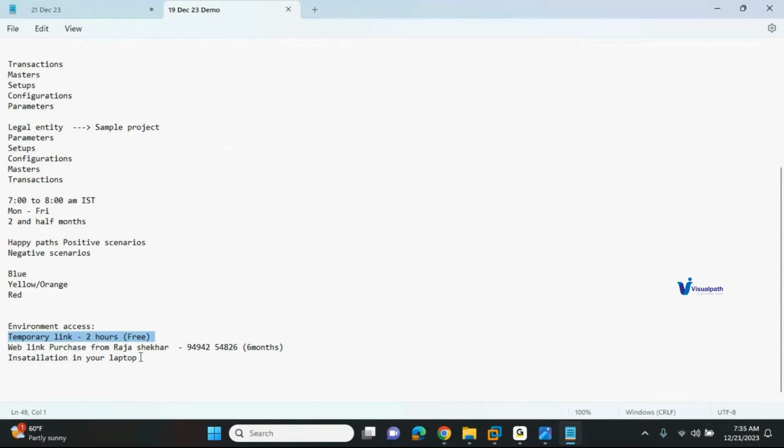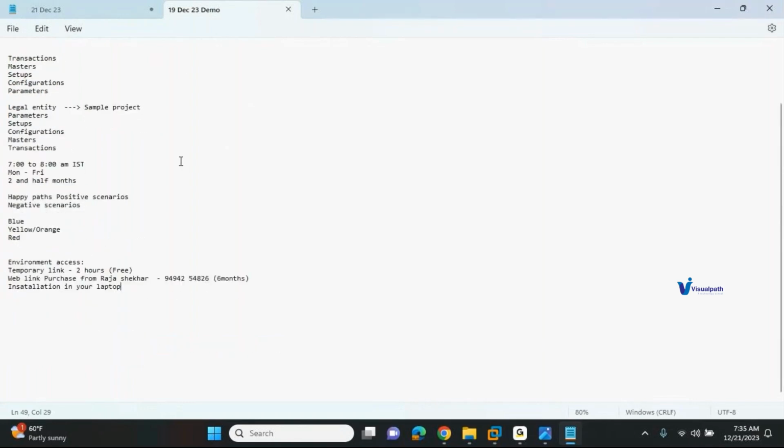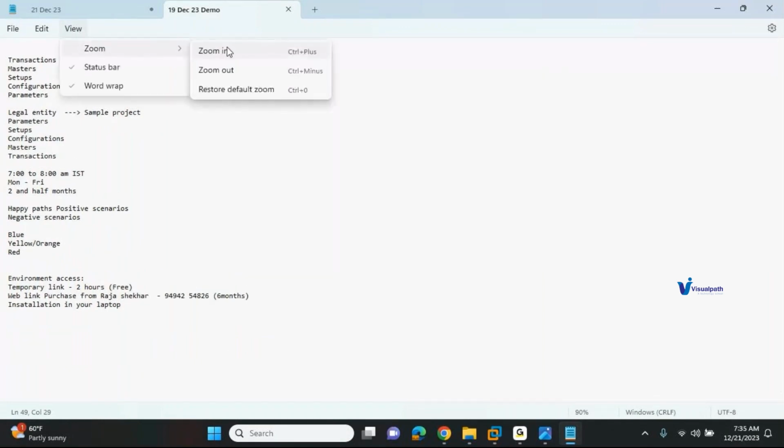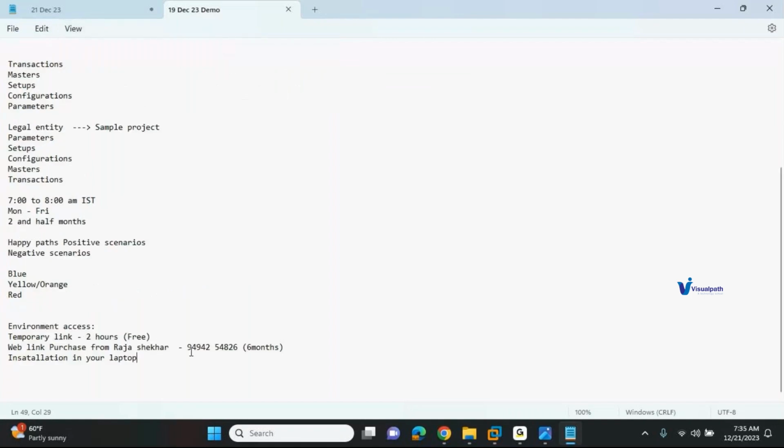And these links, if you want a web link or if you want to install on your laptop, you can approach this person, Rajashekar. This web link is valid for 6 months. If it is installed on your laptop, it will be permanent.